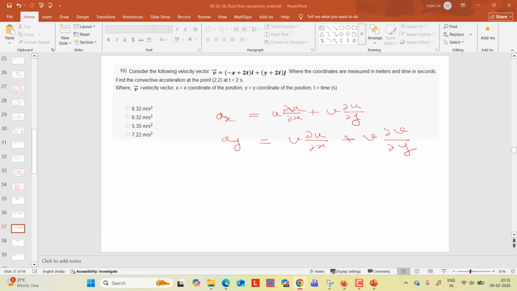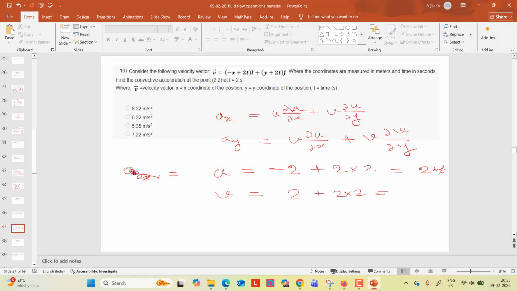So ax is, velocity components at the point: u is minus 2 plus 2 into time 2, so it is 4 minus 2, 2 meter per second. And v is y, again 2 plus 2 into 2.